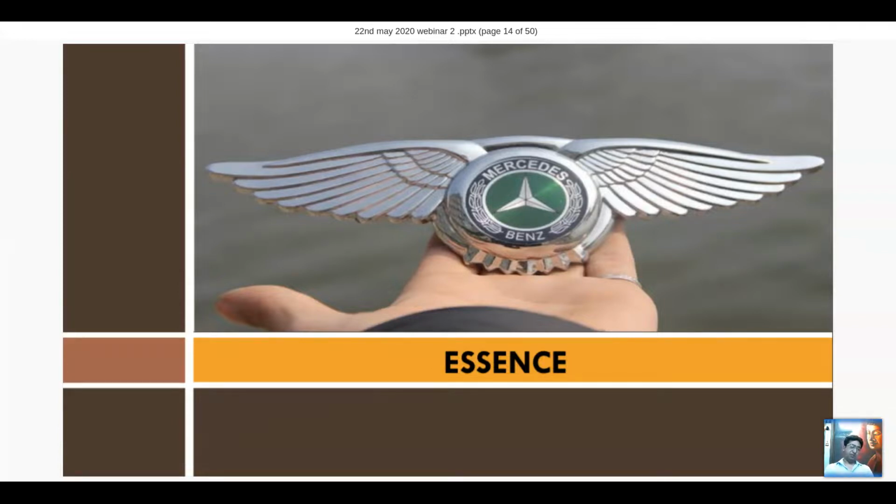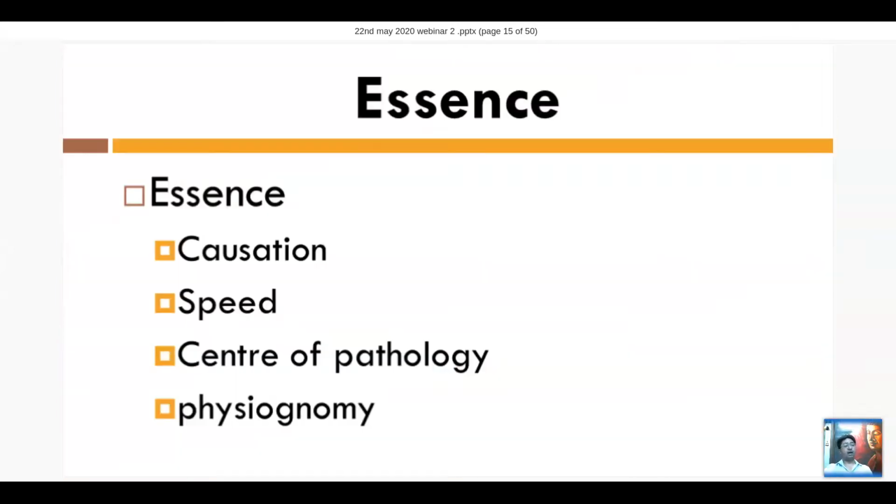So a weeping tendency, a yielding disposition, is the essence of Pulsatilla. But we have to read the mind of the author who has given this word. This word is given by Vithoulkas. When you read Vithoulkas, he said essence has four parts. That is, first, causation; second, speed; third, center of pathology, right?